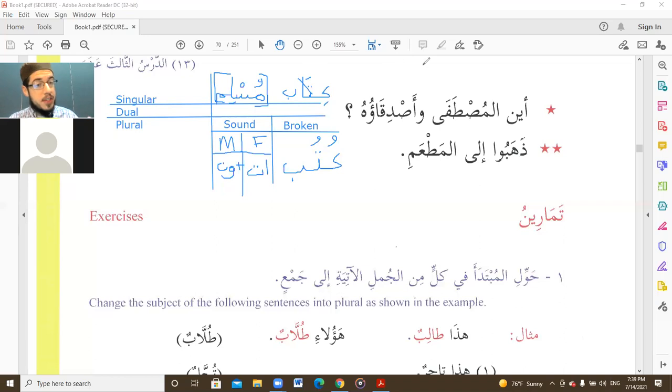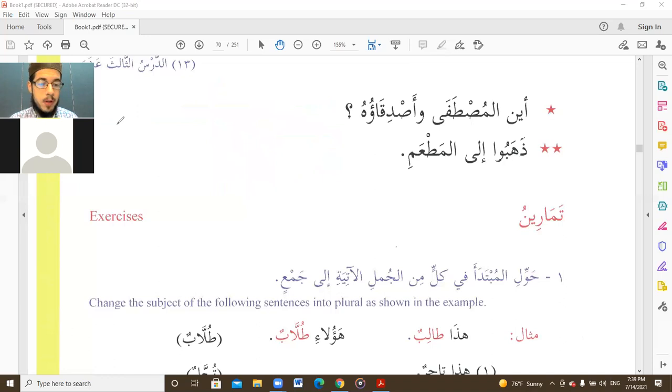Okay. The second important thing that we learned is that when it comes to verbs, we learned an additional form of conjugation. We learned dhahabu. So if we return to our pattern, which is fa'ala, that's our form 1 pattern.